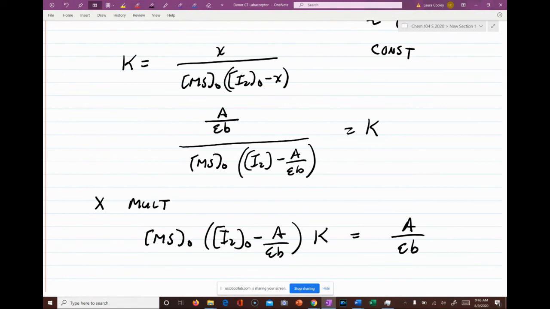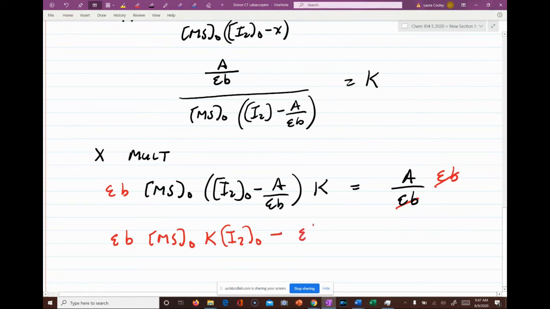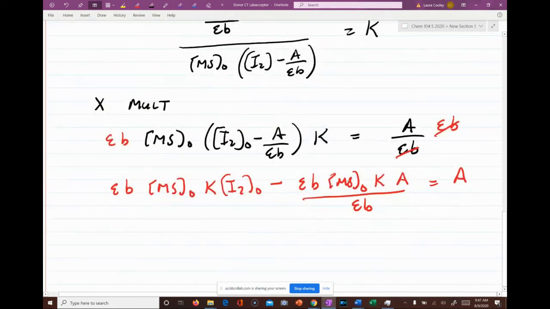And if you like algebra, you say, okay, I'm going to get rid of that EB. So I'm going to cancel it here. So I have EB MS0, and then we put the K there as well. And now I'm going to multiply that out, so that I20 minus EB MS0 K A over EB equals A. So let's see what I got here.